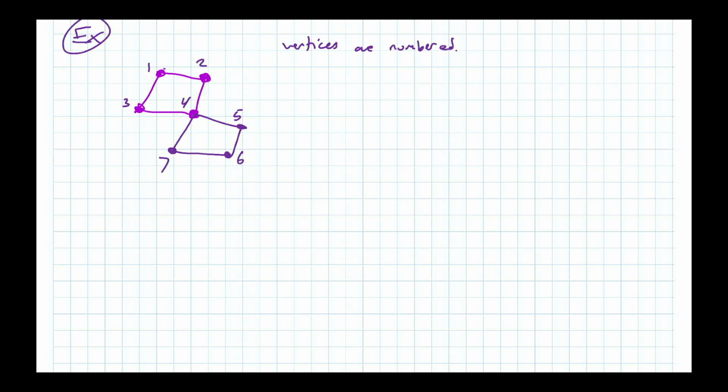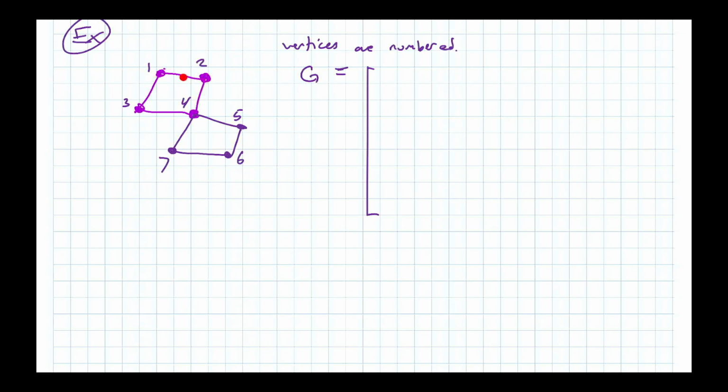So this graph here, how are we going to represent it? This is the easiest way I thought of to do this. There are other ways, but for every edge, an edge connects two vertices, right? So if you know both vertices, then that tells you the edge.